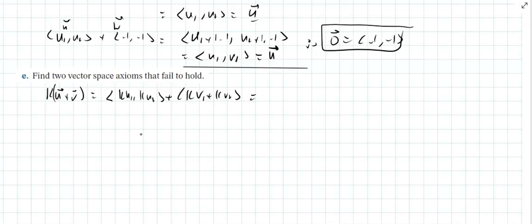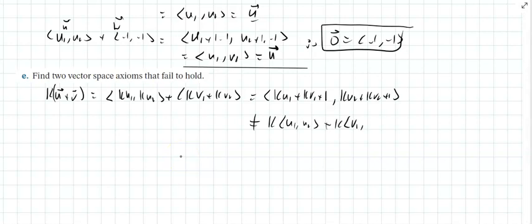According to the rule, that's going to be ku1 plus kv1 plus 1, ku2 plus kv2 plus 1. But we know that doesn't equal ku1, ku2 plus kv1, kv2, right?